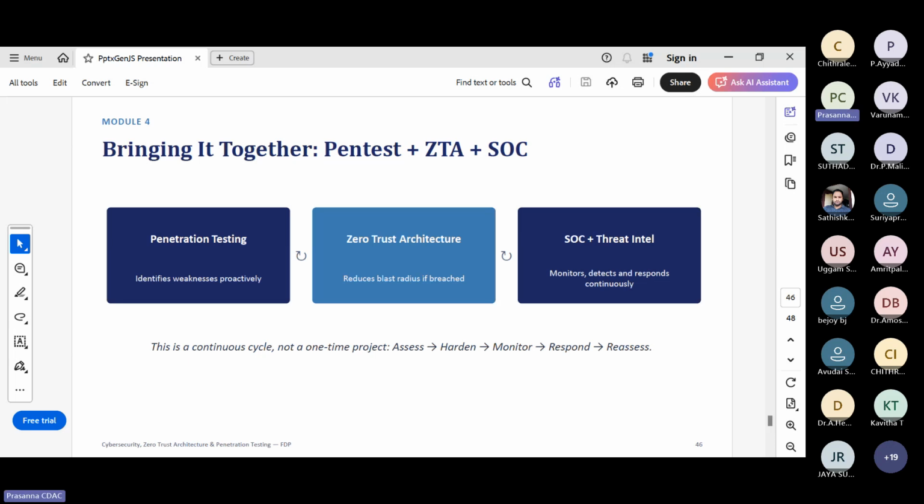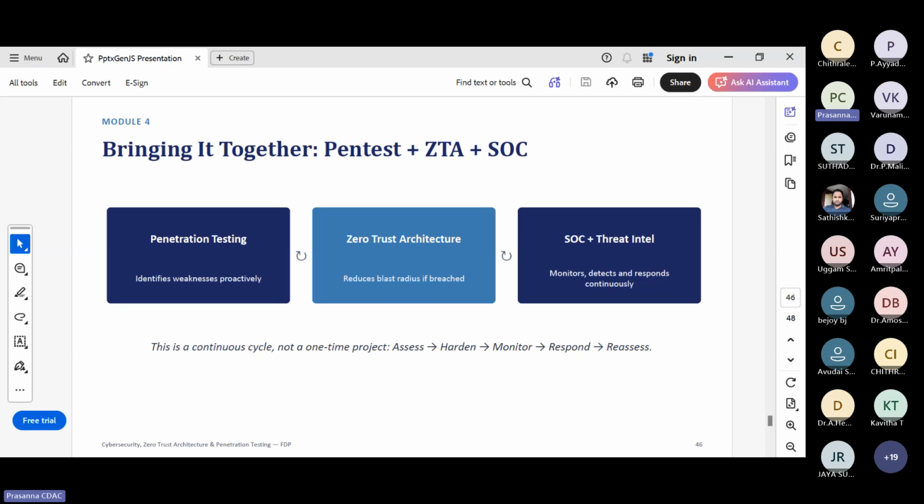Now, in tomorrow's session, I'll be giving some live examples. Live examples means the real incidents that have happened in the state, as well as at the center, maybe from the national point of view: what was the loss created by that incident, and what was the mistake that initiated this type of huge loss.